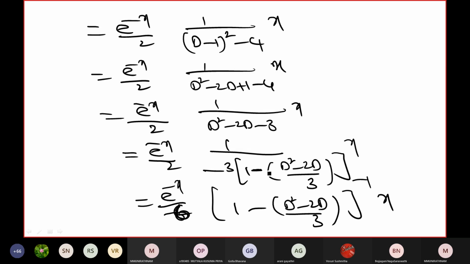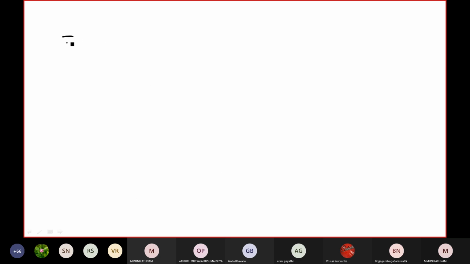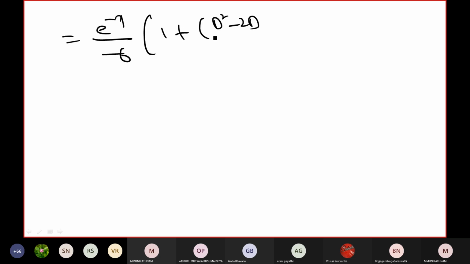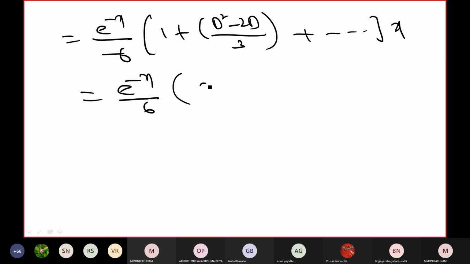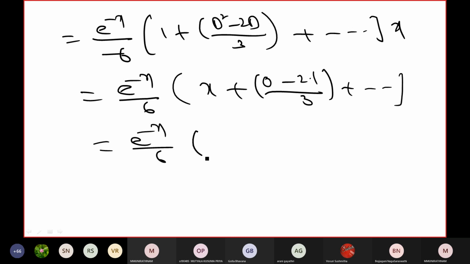We can expand this also using the formula: 1 minus (d square minus 2d) plus and so on, into x. That gives x minus 2 by 3.